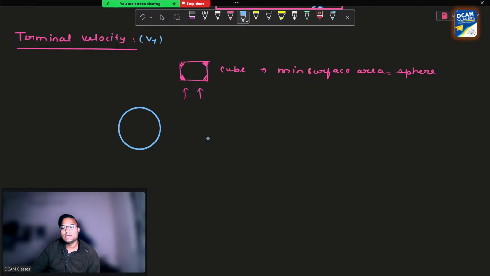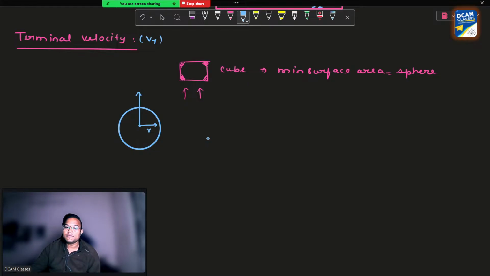How do we do the calculation for this? Whenever the body is falling down, suppose its radius is r, visualize it as a sphere. Then what will be the forces acting upon it? One will be the force of buoyancy.